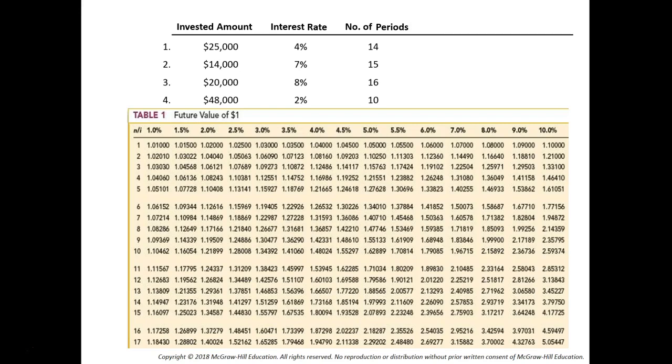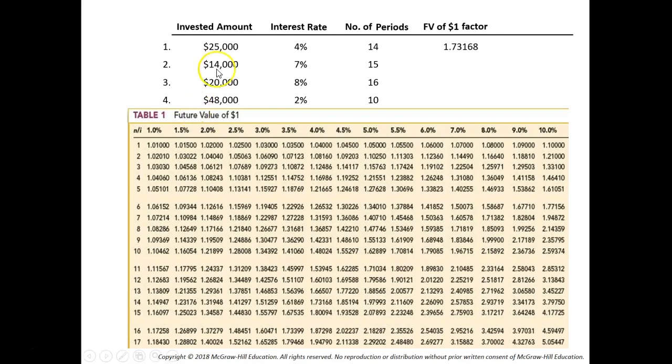So, as you see here, what we can do is we look at the table that shows the interest rate of 4% and the number of periods of 14. You see the future value of a dollar factor is, you go to the 4%, 14 periods, and you see the factor 1.73168.